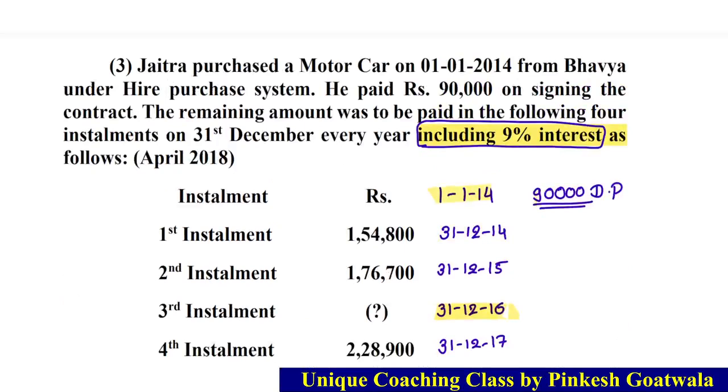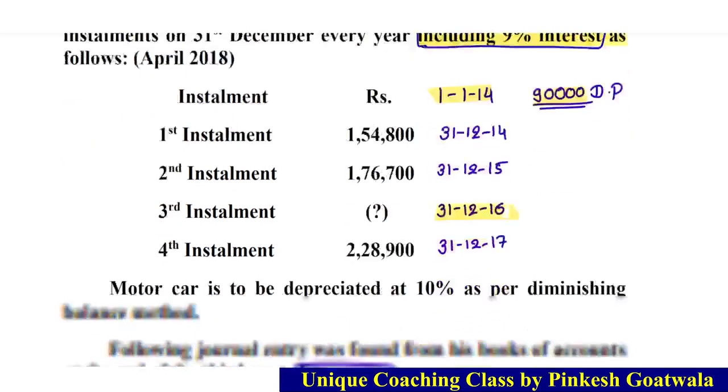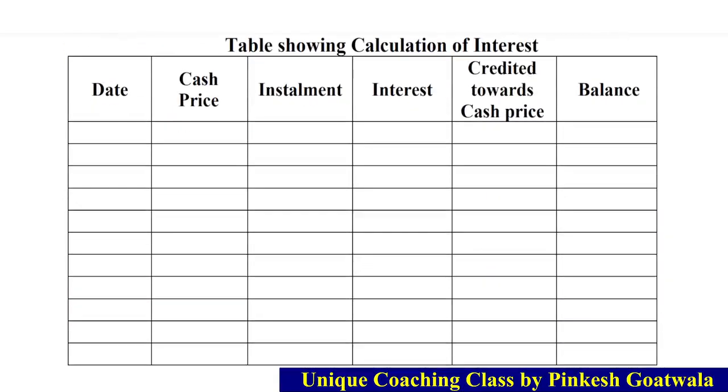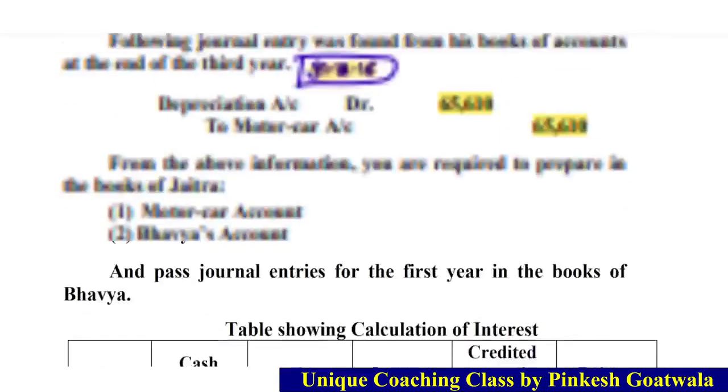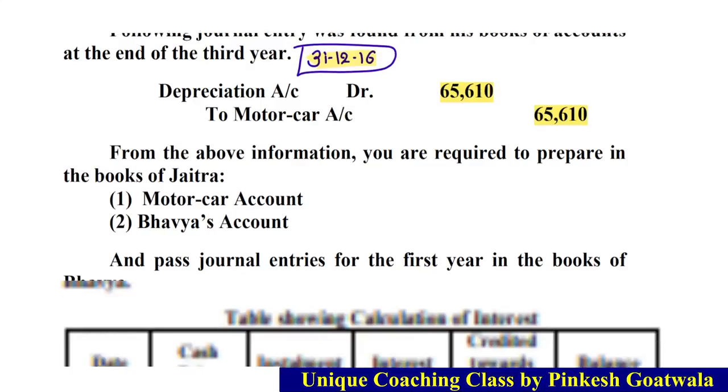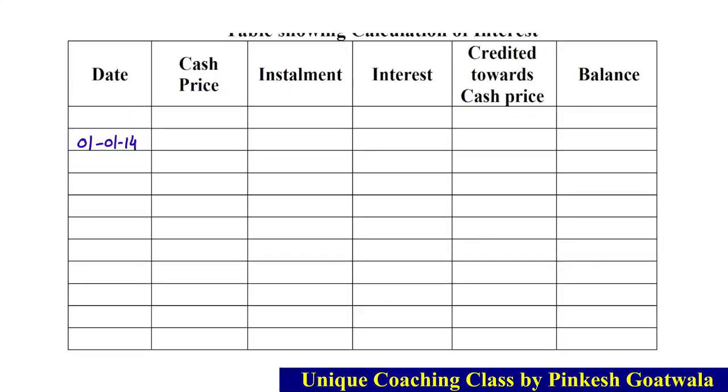They purchase in 1 January 14 and the down payment is 90,000. Let's write all the dates: December 14, December 15, December 16 and December 17. Here the down payment given is 90,000.